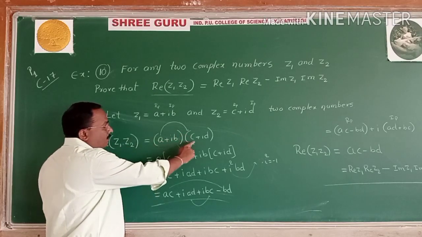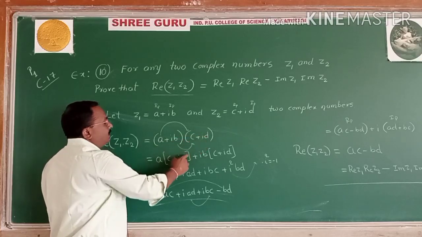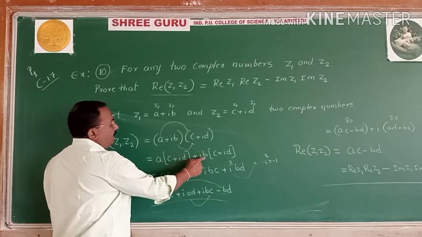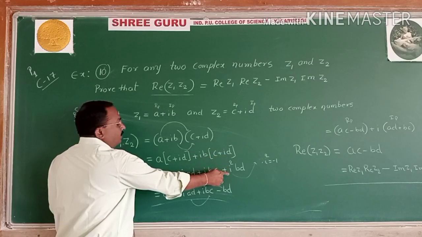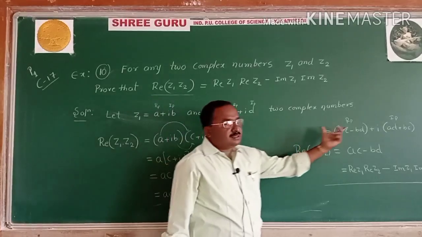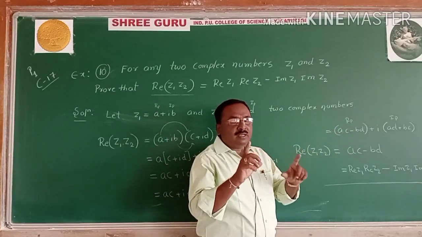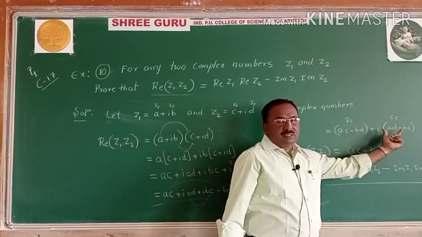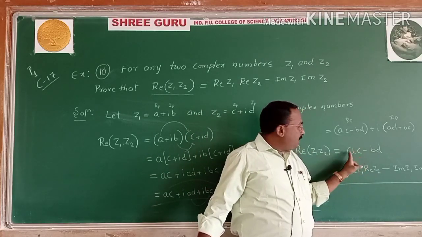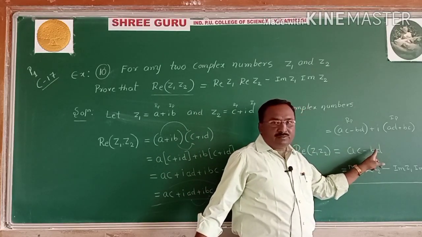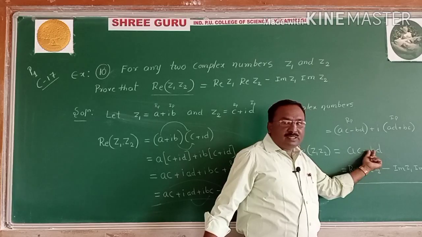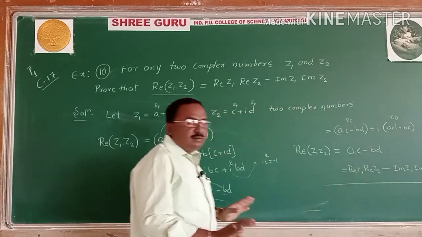Product simplify: a times of c plus id, ib times of c plus id, ac, i times of ad, i times of bc, i into i, i square value minus 1, separate real, separate imaginary. Here in this expansion, to find only the real part, this is the real part, this is the imaginary part, but the question is what? Real part, prove that. In this real part, a is what? c is what? b is what? d is what? a is the real part of Z1, c is the real part of Z2, b is the imaginary part of Z1, d is the imaginary part of Z2. Hence proved.